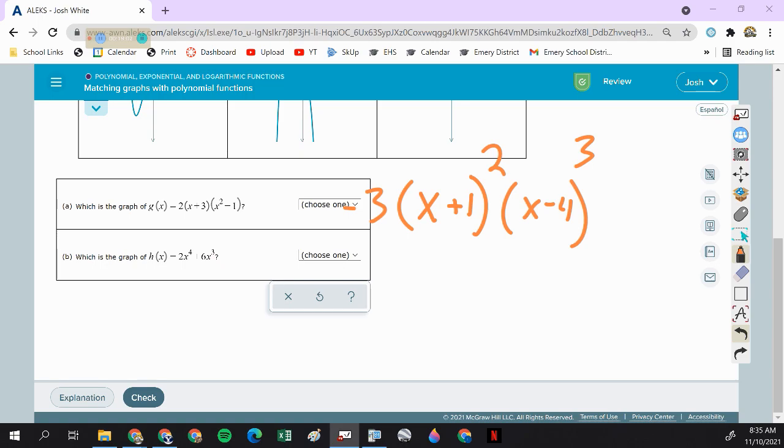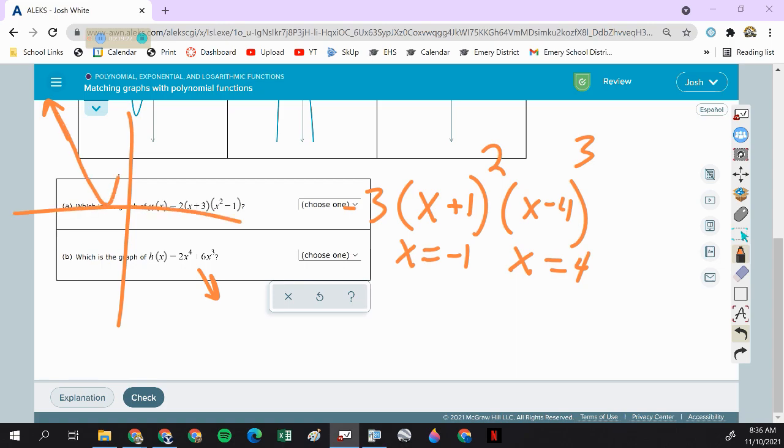Well, the left side will be up, and the right side will be down. So it has to look like this. And what happens in the middle? Well, we're going to have a bounce at -1, and we're going to have a saddle at 4. So we come down, and we bounce off -1, and then we have a saddle at 4. Like that. All right.